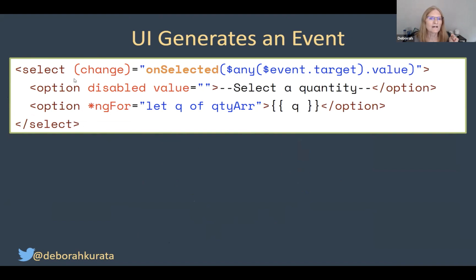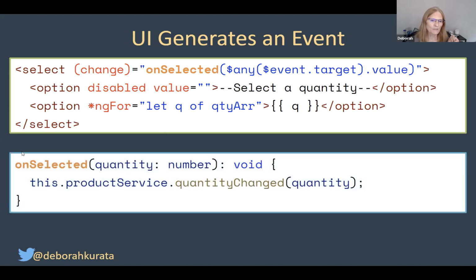I've got a select on change. I've got an event binding here. It's going to call onSelected and pass in the target value. Here I'm just using an ngFor to list my valid quantities. Then in my component, so you can see that one's blue, I'm going to have an onSelected that this guy is calling here, and I'm going to get that quantity from the template.